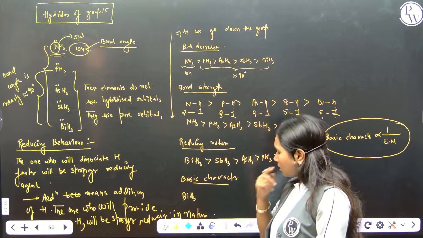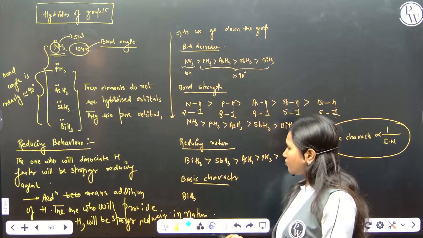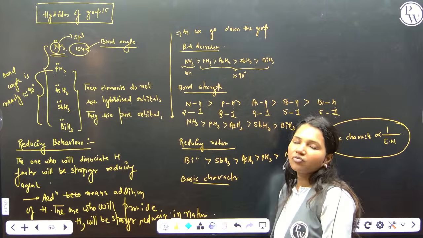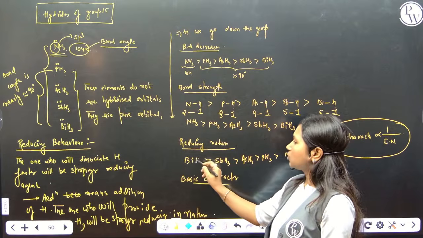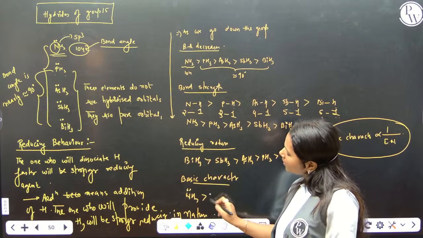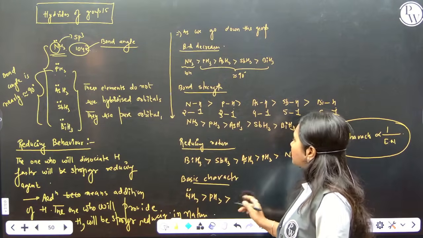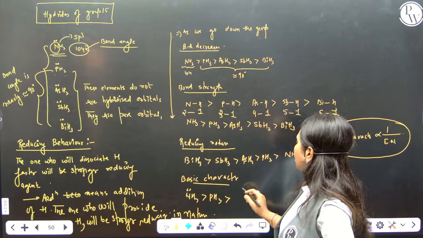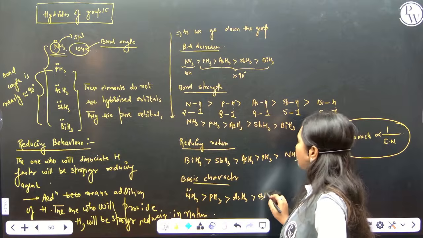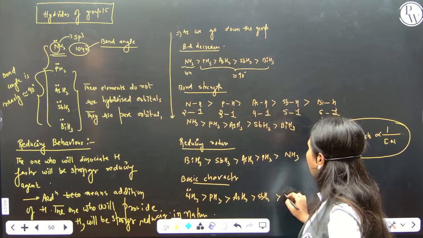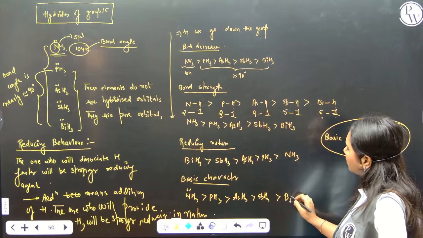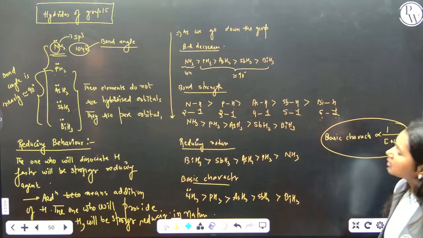So bismuth should be highly basic, but the order is different. Ammonia is the strongest base, then phosphine, then arsine, antimony, and bismuth: nitrogen, phosphorus, arsenic, antimony, and bismuth. This is the basic character order.